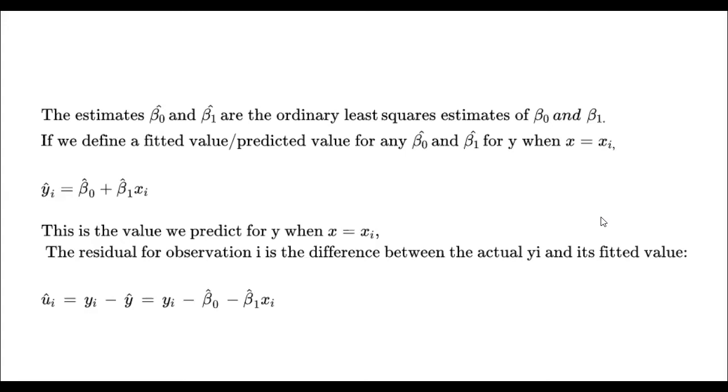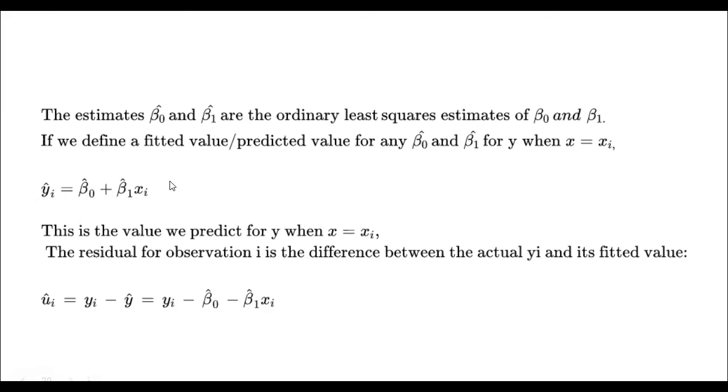Now that we have derived the OLS estimators, as we have discussed before, the estimates beta naught hat and beta 1 hat are the ordinary least square estimates of beta naught and beta 1. So if we define a fitted value or predicted value for y when x equals xi, we will get yi hat equals beta naught hat plus beta 1 hat xi.